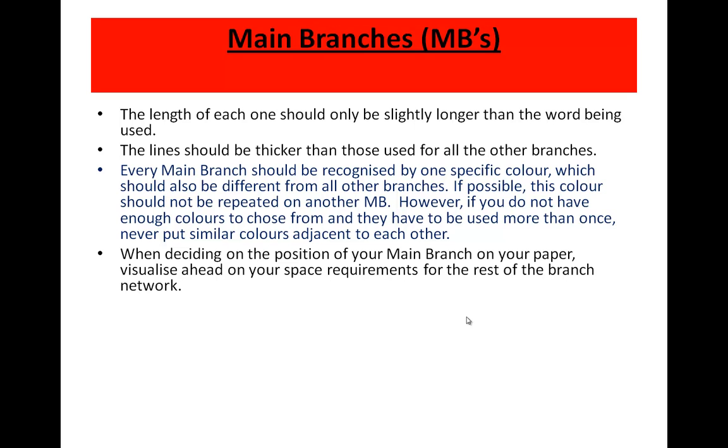If possible, this color should not be repeated on another main branch. However, if you do not have enough colors to choose from, and they have to be used more than once, never put similar colors adjacent to each other. When deciding on the position of your main branch on your paper, visualize ahead for your space requirements for the rest of the branch network.